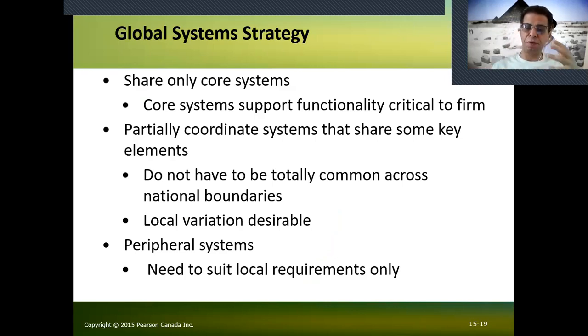And then you have the peripheral systems, which need to suit local requirements only. So there are three levels: one is the core, then the regional, and then you might have the local or peripheral system.